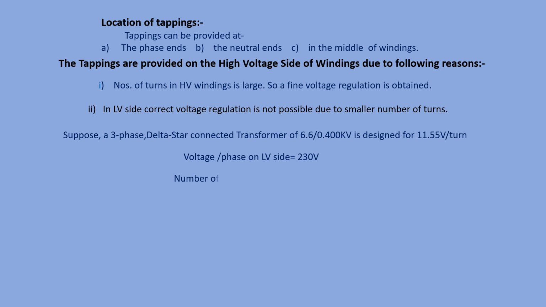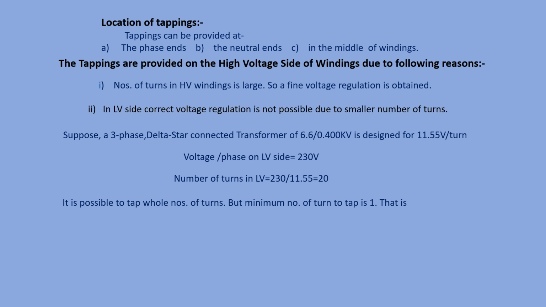Number of turns in LV equals 230/11.55, that is 20. It is possible to tap a whole number of turns, but the minimum number of turns to tap is 1. That is, minimum voltage regulation is 5%.